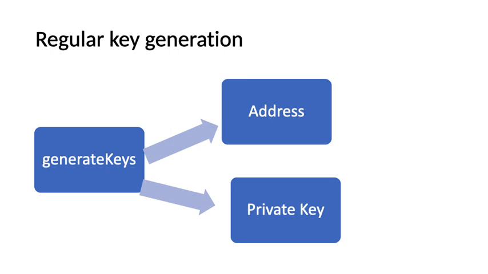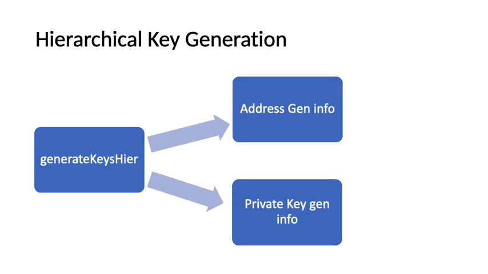If you recall, the generate keys function would normally generate the address and the private key. However, with hierarchical key generation, it creates the address generation information and the private key generation information.